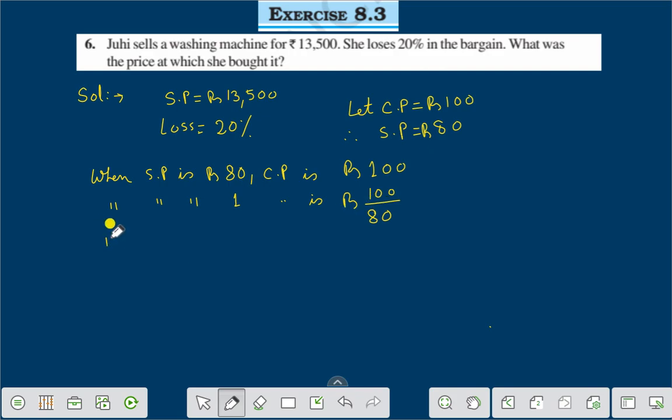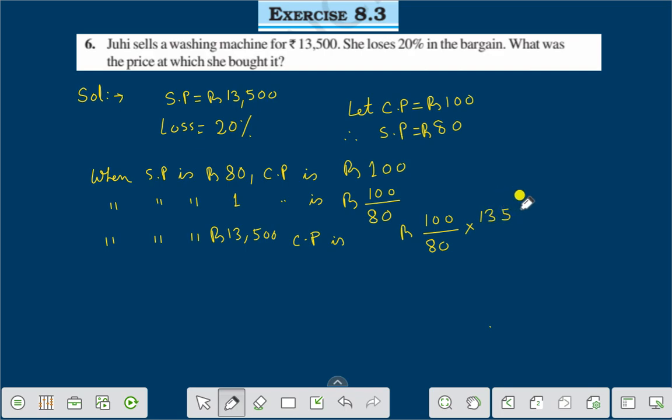When selling price is rupees 13,500, cost price is rupees 100 by 80 into 13,500.